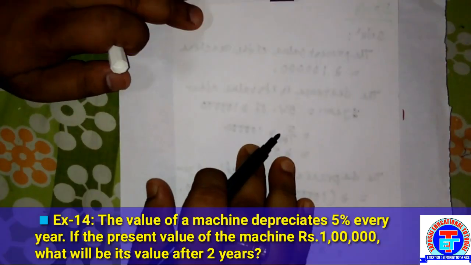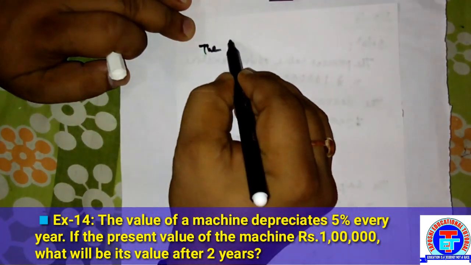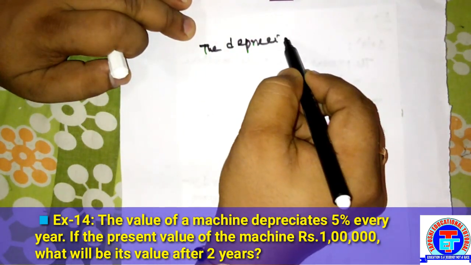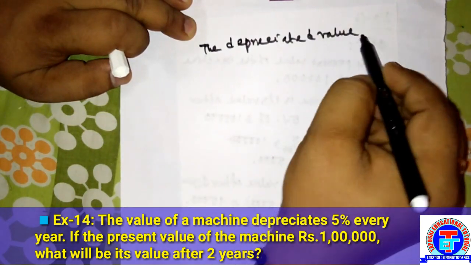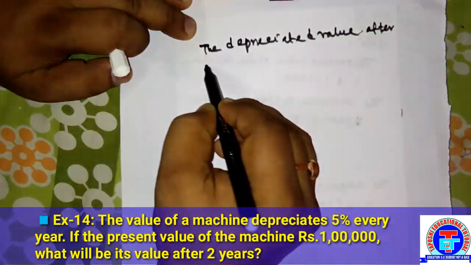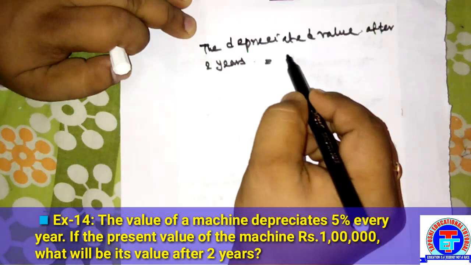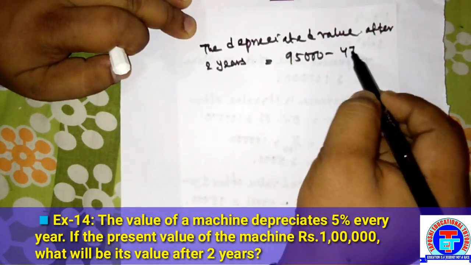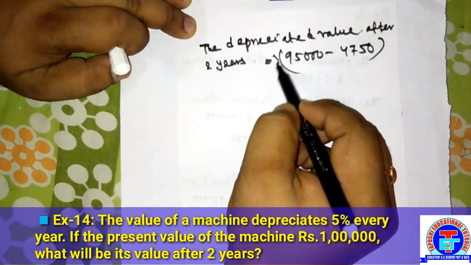So the depreciated value after 2 years is 95,000 minus 4,750 rupees.